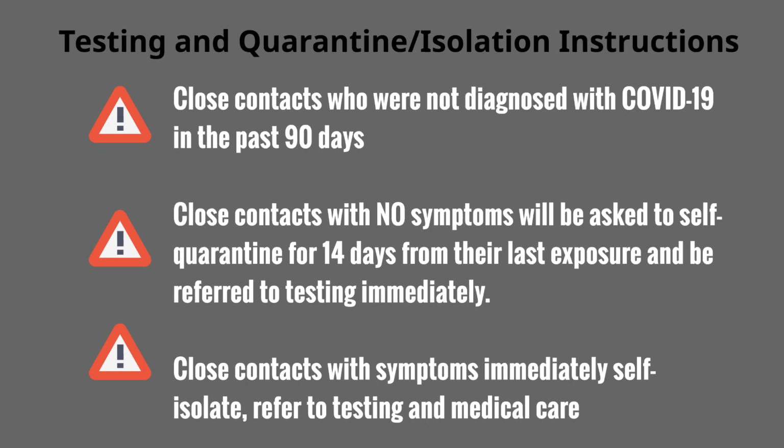Close contacts with symptoms immediately self-isolate. So this is the one specific instance where you're going to advise to isolate instead of quarantine with a contact. And these people are also going to be referred to testing and medical care. So let's pause for a few seconds here and read this slide.